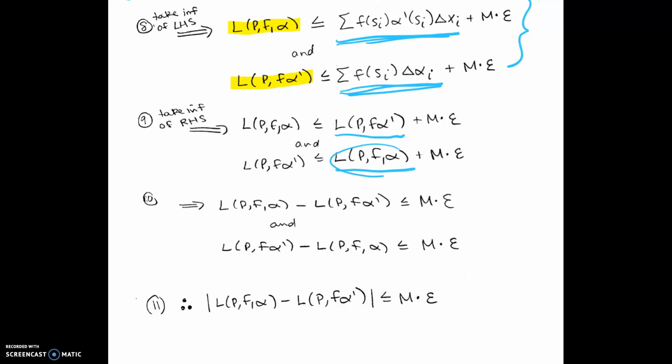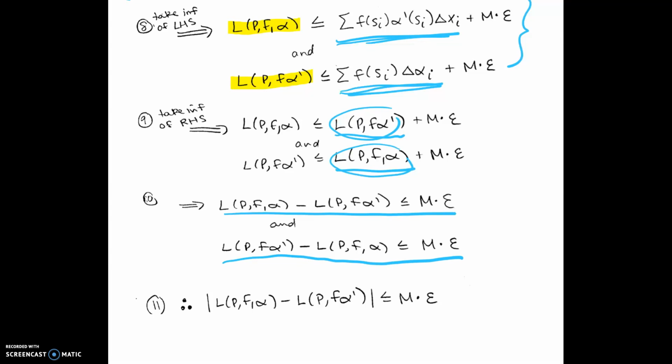So I'm going to move these two statements over to the other side of the inequality by subtracting. So I get the lower sum of P, f, alpha minus the lower sum of P, f, alpha prime less than or equal to m times e. And the opposite: the lower sum of P, f, alpha prime minus the lower sum of P, f, alpha less than or equal to m times e.